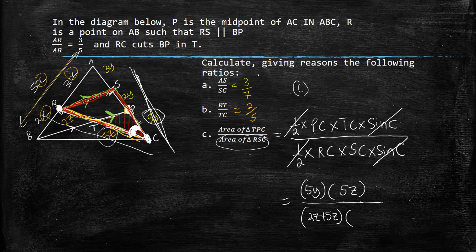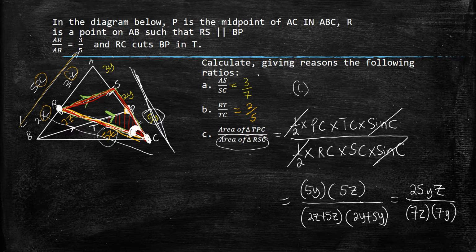It's 2y plus 5y. We can go and simplify that. That will give us 5 times 5 is 25yz, divided by 2 plus 5, which is 7z, and 2 plus 5 is 7y.